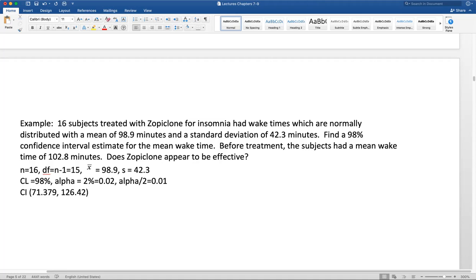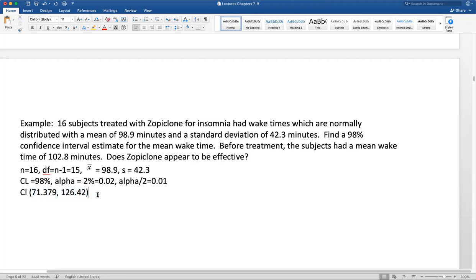We are confident that the population mean wake time after treatment with Jupyter is included in that interval, with 98% confidence.